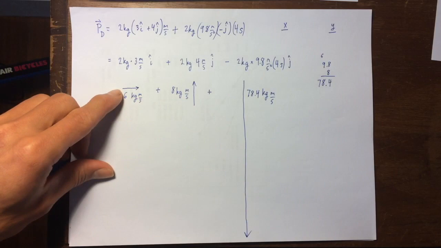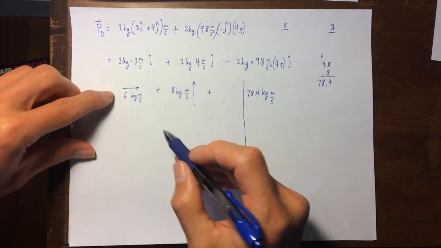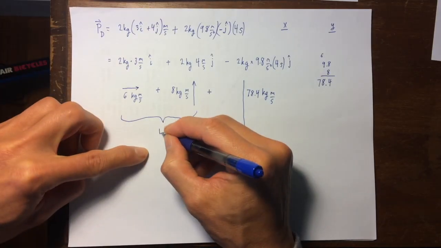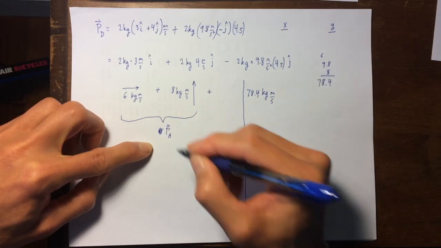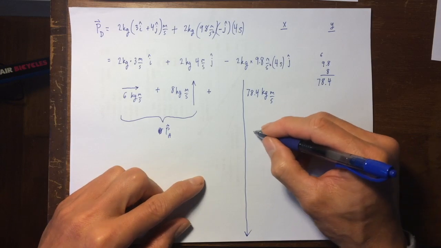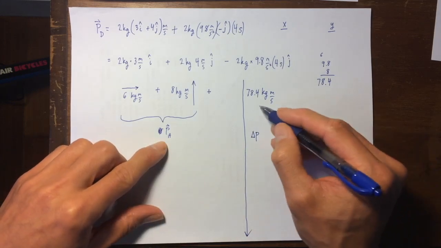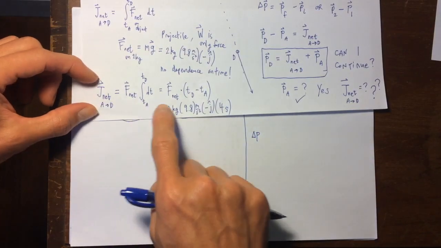So I want to add these three vectors together, and what this looks like is, check this out, actually, this is what we started with, momentum. This right here, according to the Impulse Momentum Theorem, we calculated the impulse. It was the result of calculating this integral.